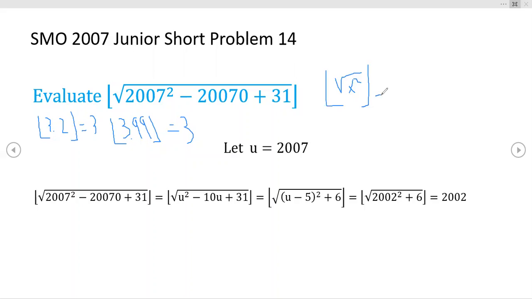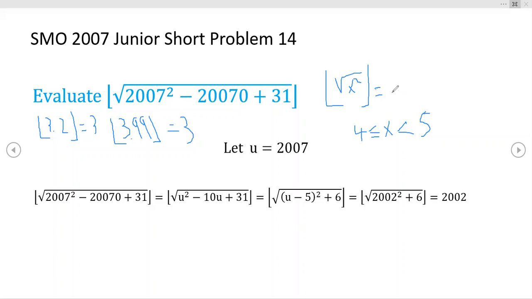Let me define our interval first. Let's say that 4 is less than or equal to x, and x is strictly less than 5. So this is a closed-open interval.